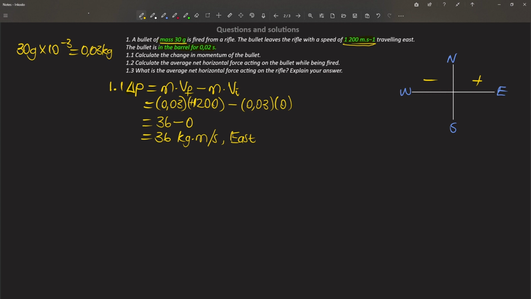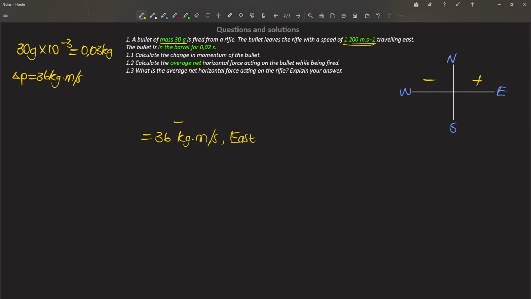For 1.2, they say we should calculate the average net horizontal force acting on the bullet while being fired. Okay, let's store this answer. We have our change in momentum as 36 kilograms meters per second. Okay, now let's attempt the second question and see what solution we will get from this.